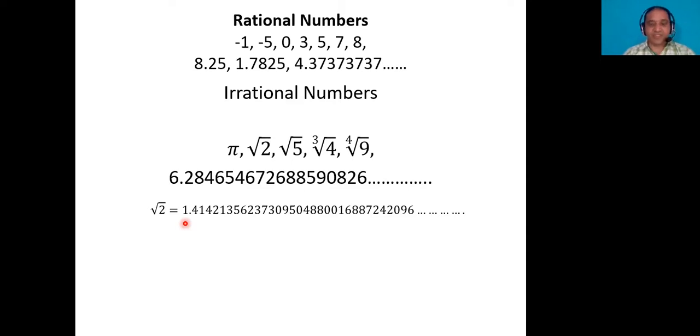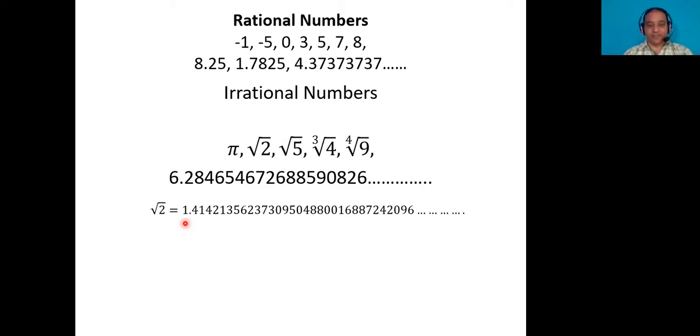That means this is a non-terminating, non-recurring decimal. You got it? That is the relevance, because its decimal representation comes out to be like this. Hence it is an irrational number, or in other words, it cannot be represented in terms of p over q, where p and q are integers. Therefore this is an irrational number.